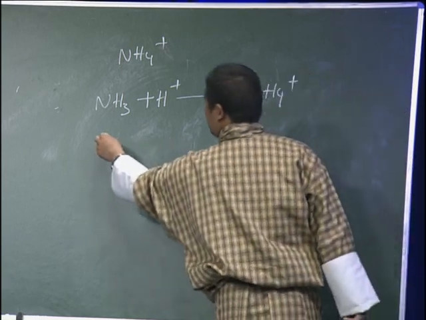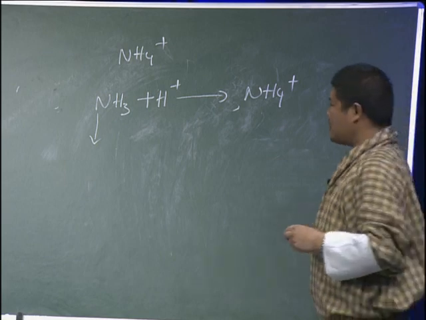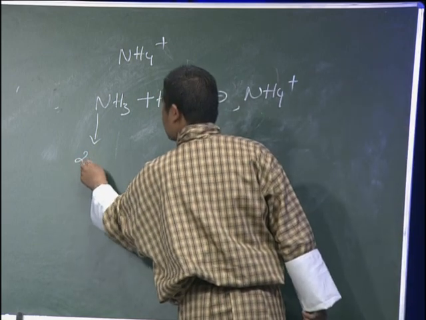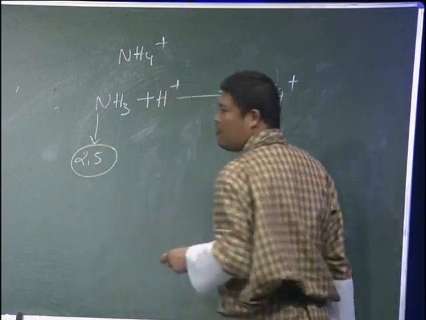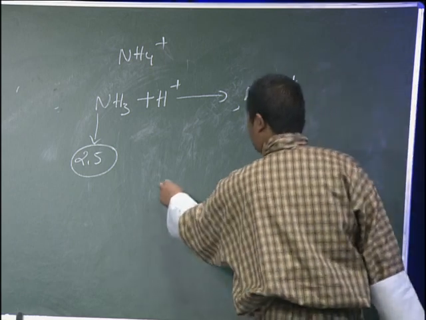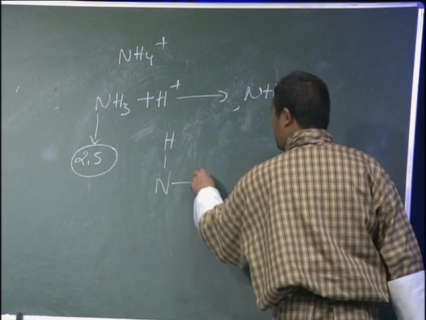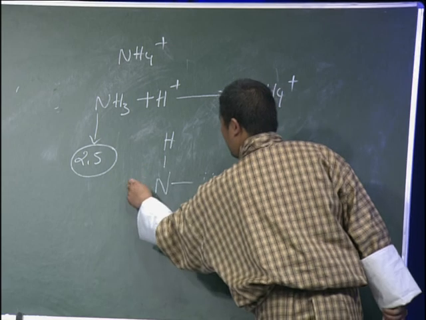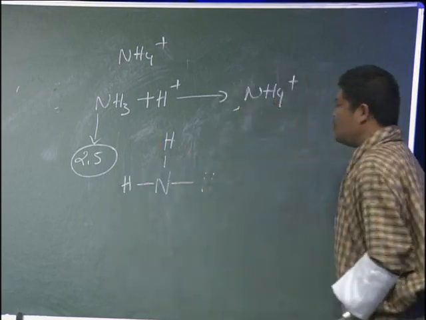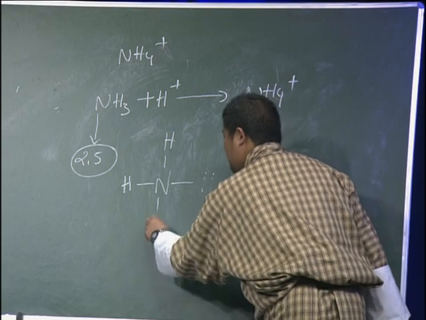Here we know that nitrogen has atomic number 7, so the configuration will be 2 and 5. Remember, only valence electrons are involved in the formation of a bond. In the formation of ammonia, 3 electrons are shared by nitrogen.